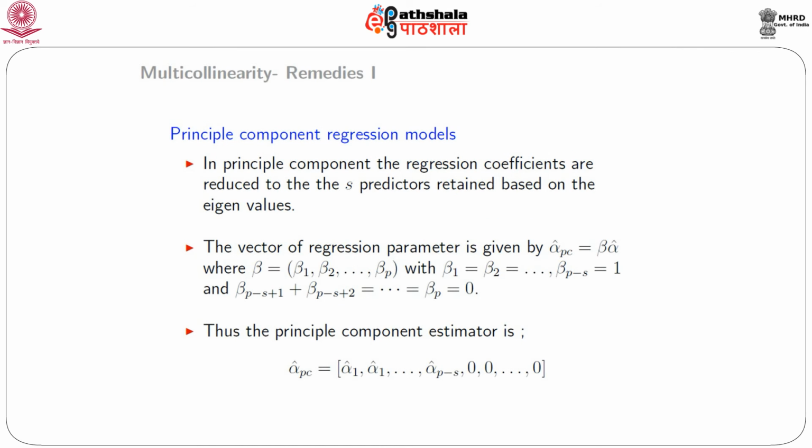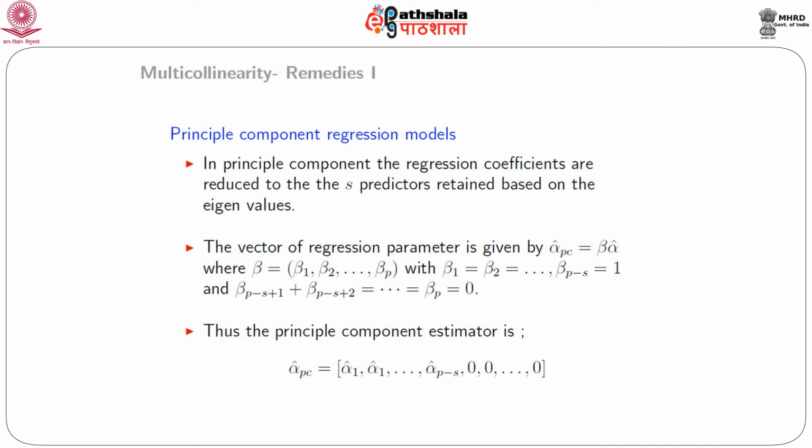So in principal component regression, the regression coefficients are reduced to the predictors retained based on the eigenvalues. The vector of regression parameters is then written as alpha hat subscript PC, representing principal component, which equals beta times alpha hat, where beta equals (beta 1, beta 2, ..., beta p), and in this vector the first p minus S components equal 1 and all the others are 0.